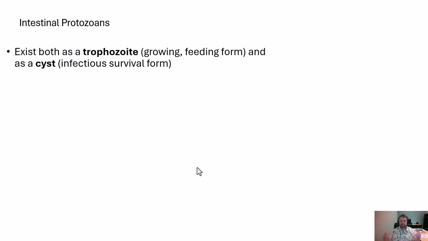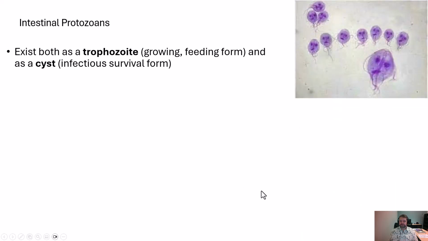So it might just be in water or along the stream bank, in areas where they might not be able to survive, and it can just sit there for long periods of time until conditions are right, like another organism eats it, or it gets into an organism where it can start that life cycle again.